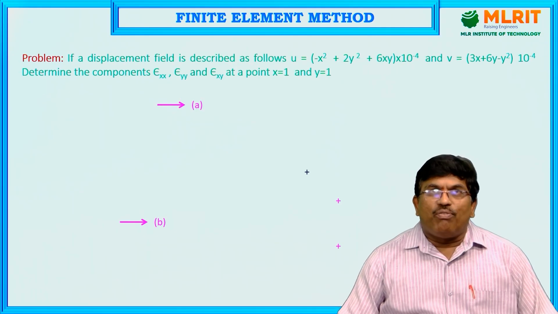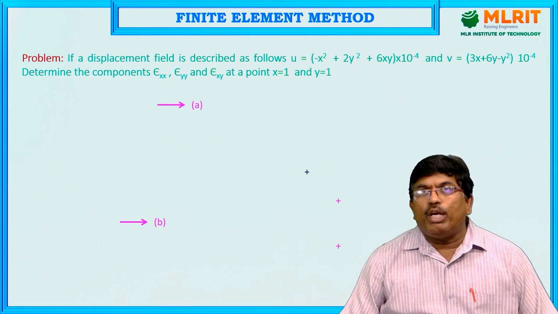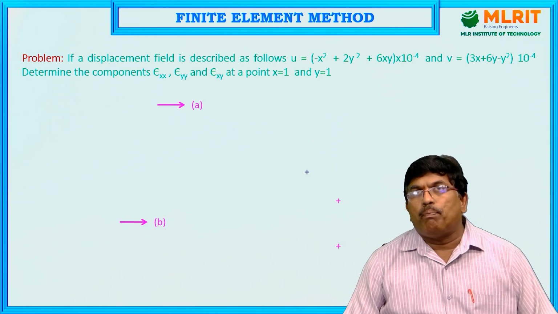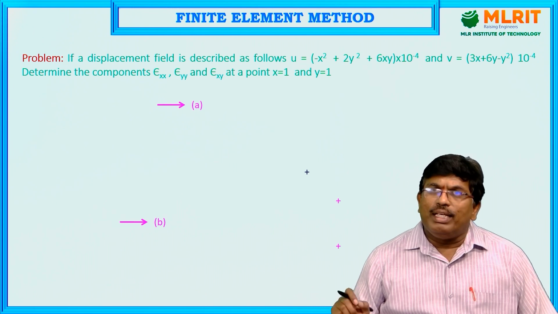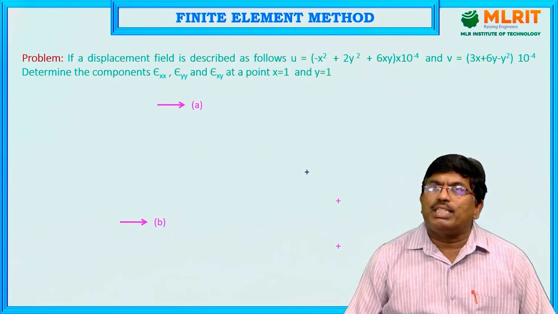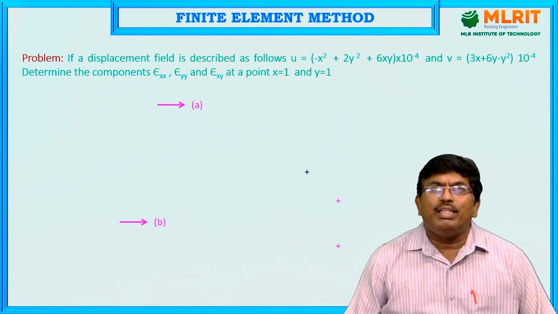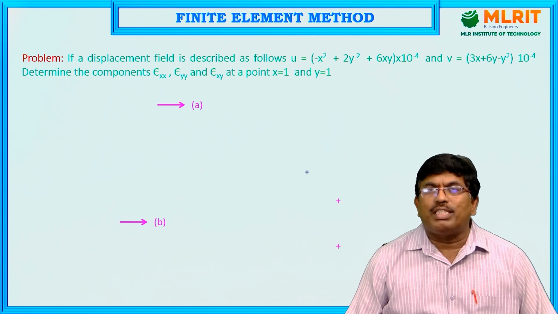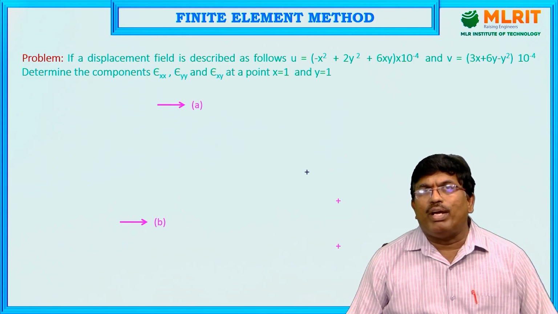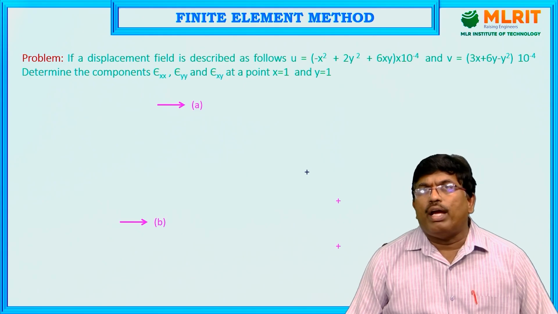If a displacement field is described as u equal to minus x square plus 2y square plus 6xy, into 10 to the power of minus 4, and the displacement in y direction v equal to 3x plus 6y minus y square, into 10 to the power of minus 4, determine the strain components epsilon xx, epsilon yy and epsilon xy at a point x equal to 1 and y equal to 1.